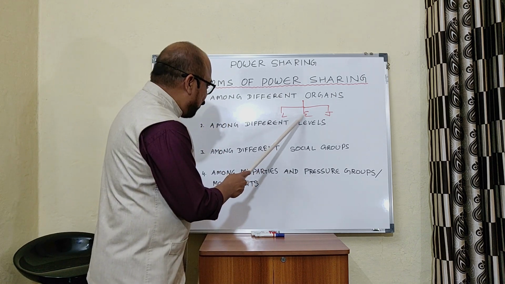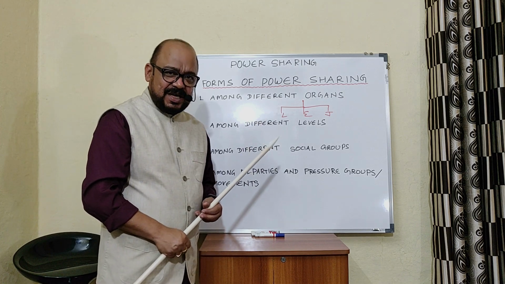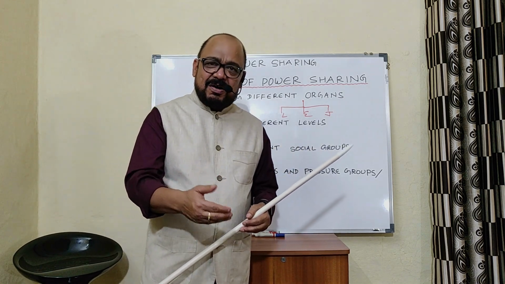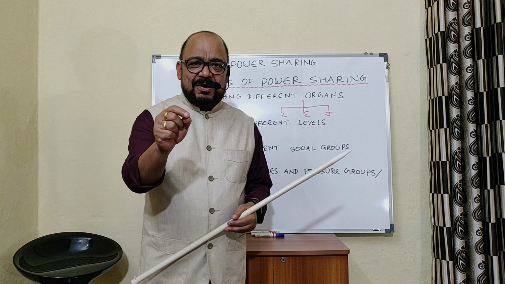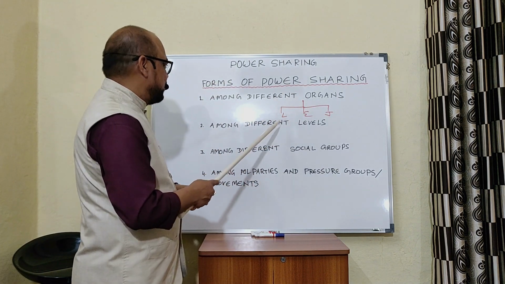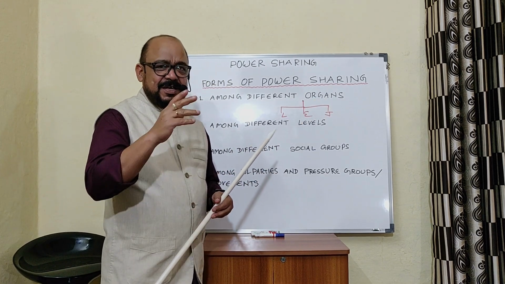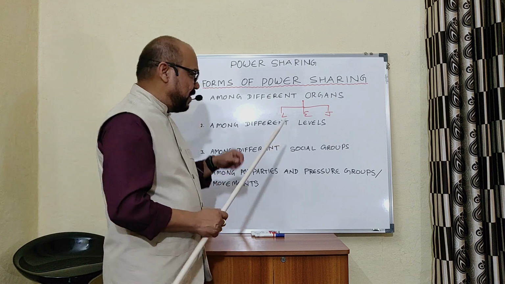So each organ of the government controls the other two organs directly or indirectly, little or more. So this is a very good power sharing arrangement in different democratic countries of the world.